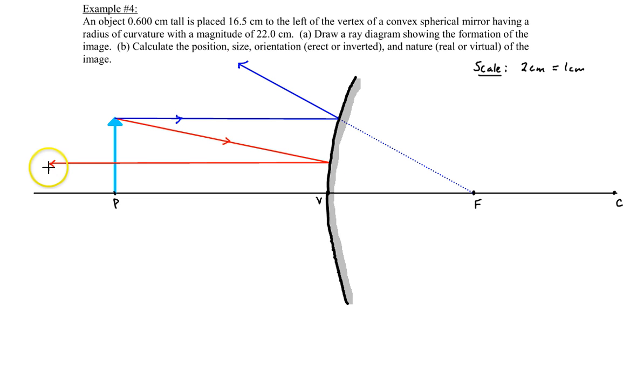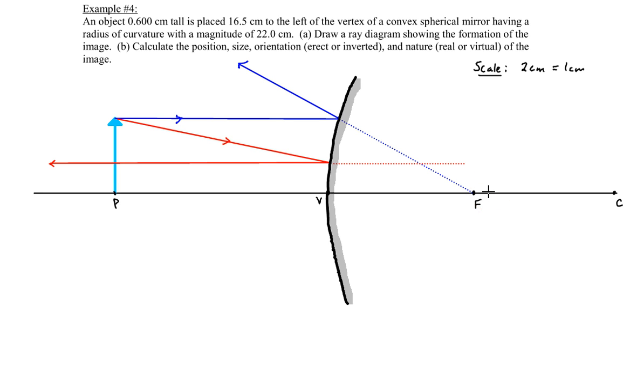You can see again these two rays are diverging, so they will never intersect, and you'll have to dash back the reflected part here, and these will appear to intersect on the back side of the mirror.